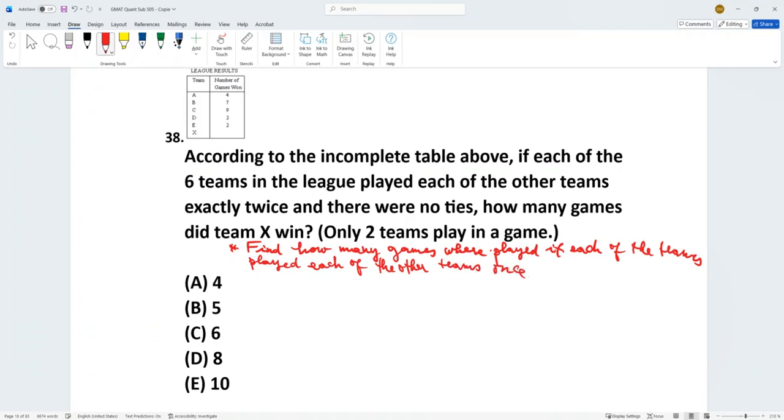And in order to find that, we use the combination.